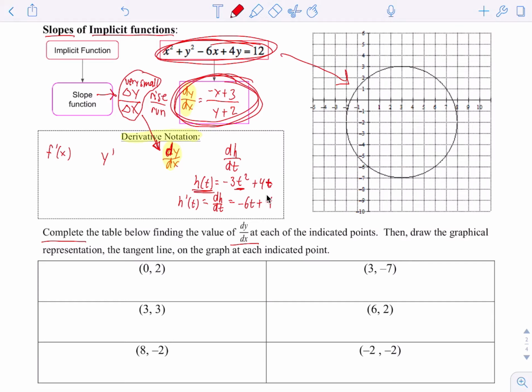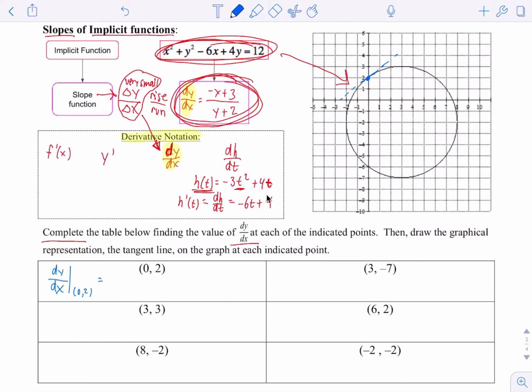Maybe I'll change the color. 0, 2. I'll just sketch my slope for now. I'm guessing that's a slope of a little less than 1, but let's see how this works. So if I want to find the slope at 0, 2, I'm going to write dy dx, put a line and put the coordinate pair 0, 2.